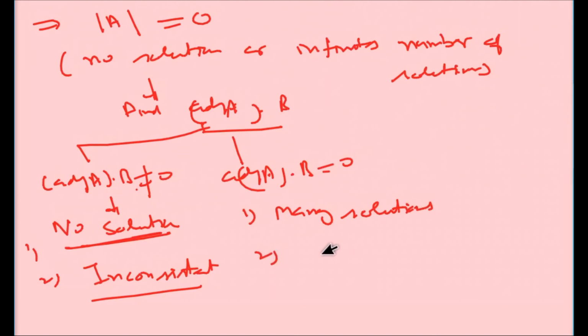And if there are many solutions, then the system is consistent. And if the system is consistent, then there may be dependent equations.